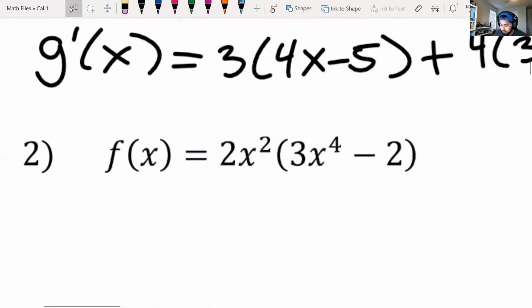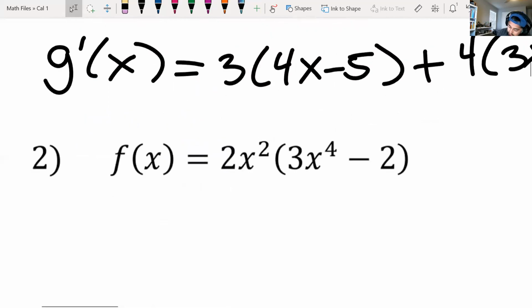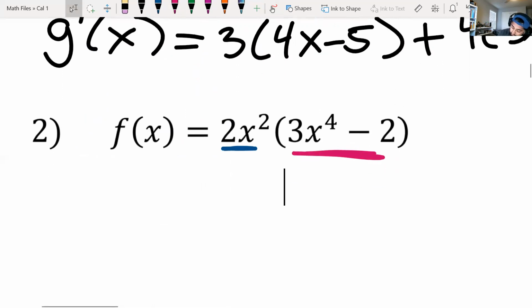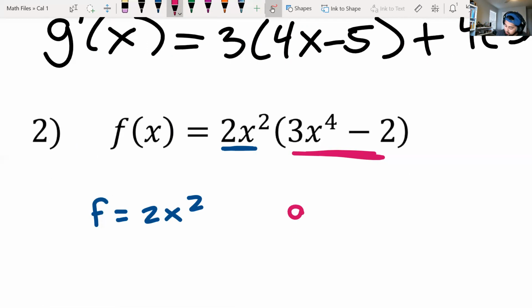Number 2. Now I'm going to write a little smaller. So again, we have 2x squared times 3x to the 4th minus 2. 2x squared will be my f, and 3x to the 4th minus 2 will be my g. f is 2x squared, g is 3x to the 4th minus 2.